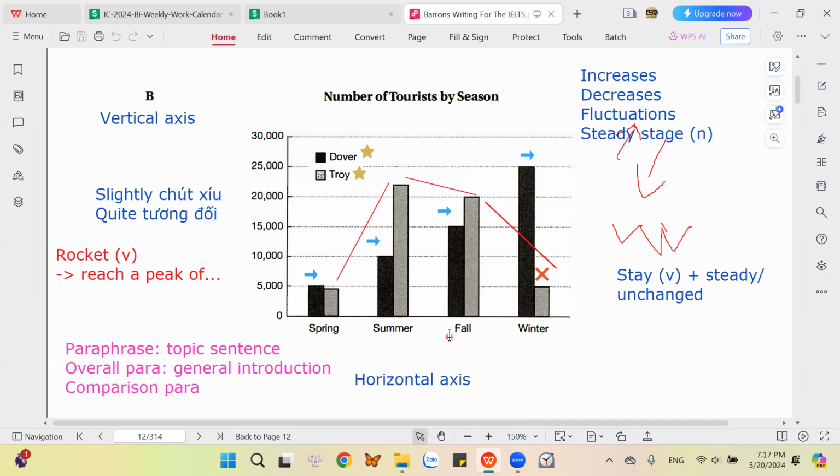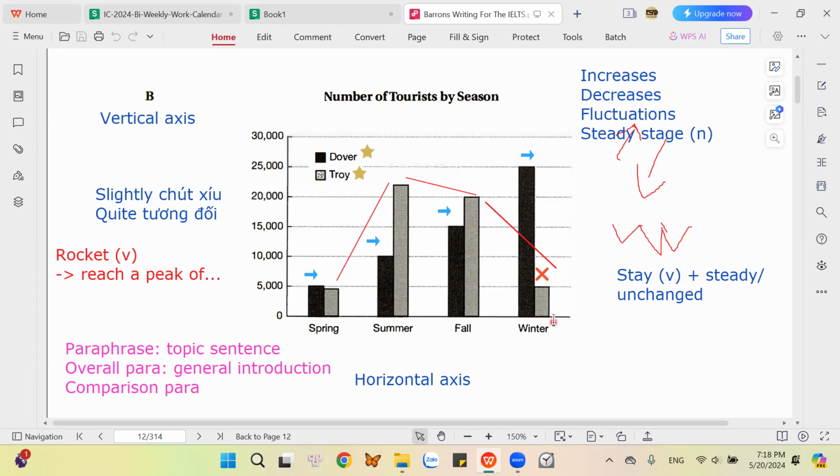We can see that Troy has lots of travelers, and Dover shows significant signs of uptrends. On the other hand, in winter, Dover has uncontrollable but positive increases in the numbers of travelers.